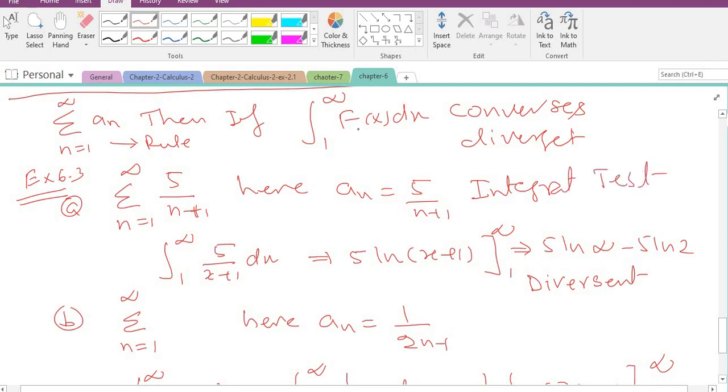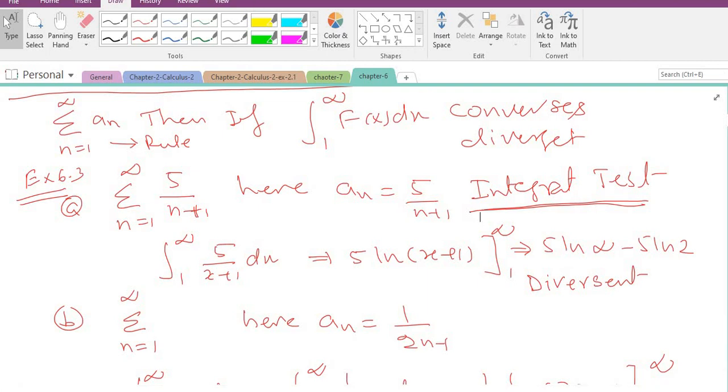Why integral test? Because you use the function with integration to decide whether the series converges or diverges, using the integral method. So that's why it is called the integral test. Hopefully you people understand about chapter number 6 also.